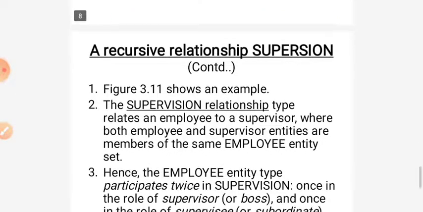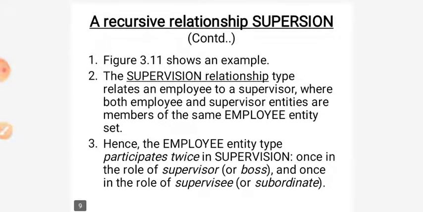Continuing further this discussion, figure 3.11, which you have seen, where employee is a supervisor as well as supervisee. Point number 2, the supervision relationship type relates an employee to a supervisor, where both the employee and the supervisor entities are members of the same employee entity set.